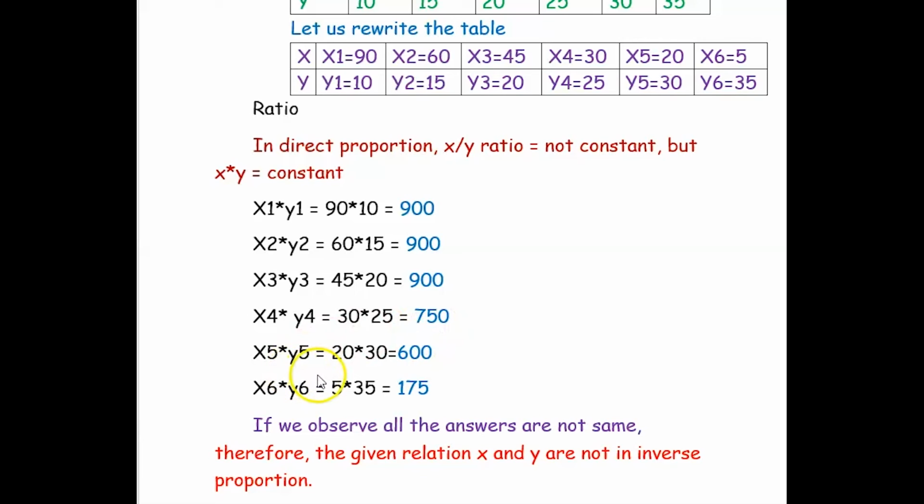Then x5 into y5, which is 20 into 30, that is 600. Then x6 into y6, which is 5 into 35, which is 175. If you observe all the answers, we have 3 answers as 900, but the other 3 are different. So they are not same. We can conclude that the given relation x and y are not in inverse proportion.